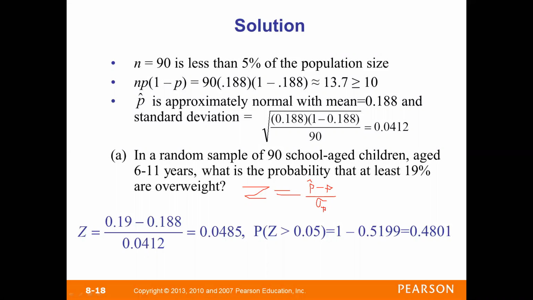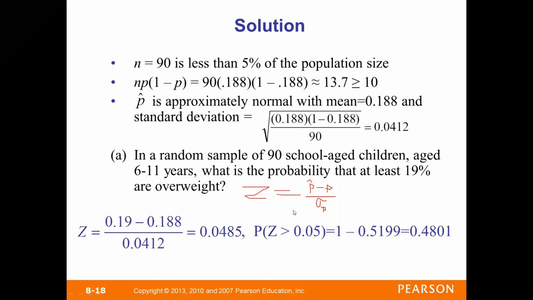P hat is the sample proportion, which is the mean for our observed data, and p is the overall population proportion, and sigma sub p is the standard deviation of that sampling process. So we took 0.19 minus 0.188 over 0.0412, which gives me 0.0485. Rounding that to 2 decimal places gives me 0.05.